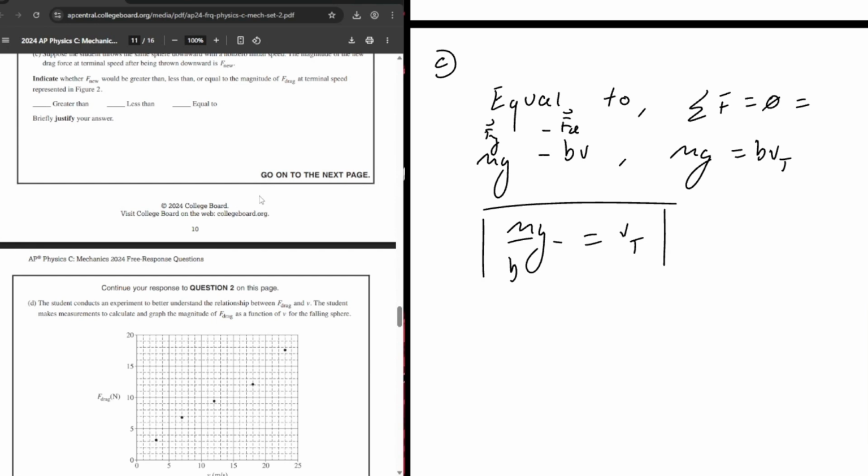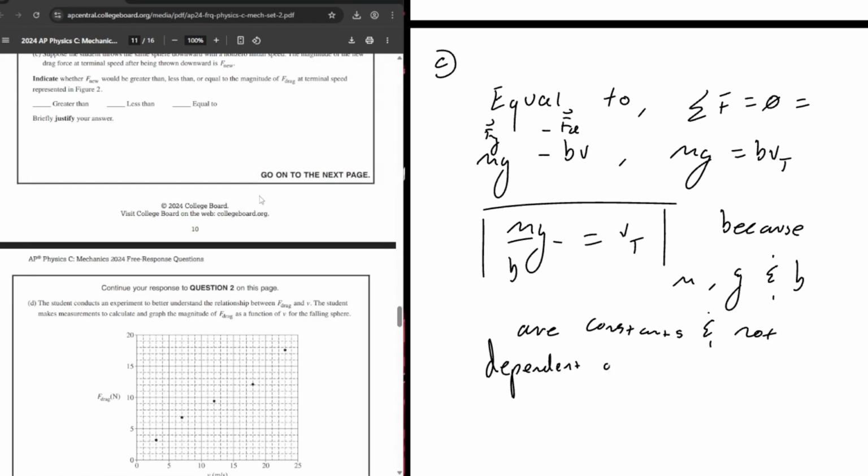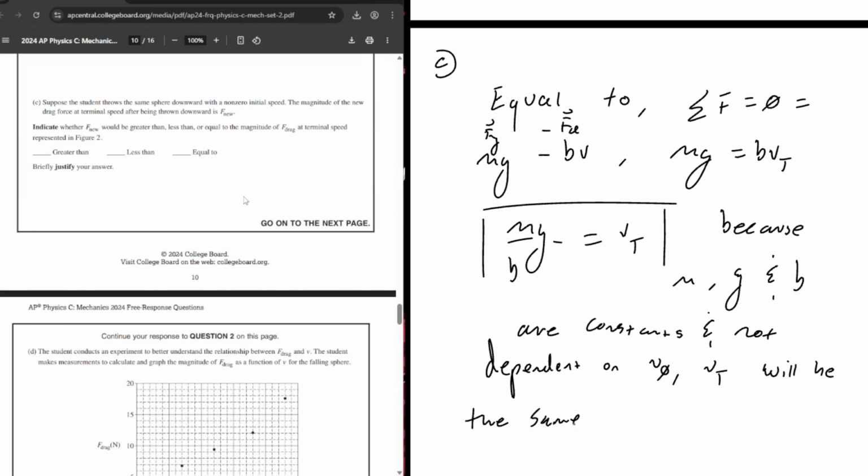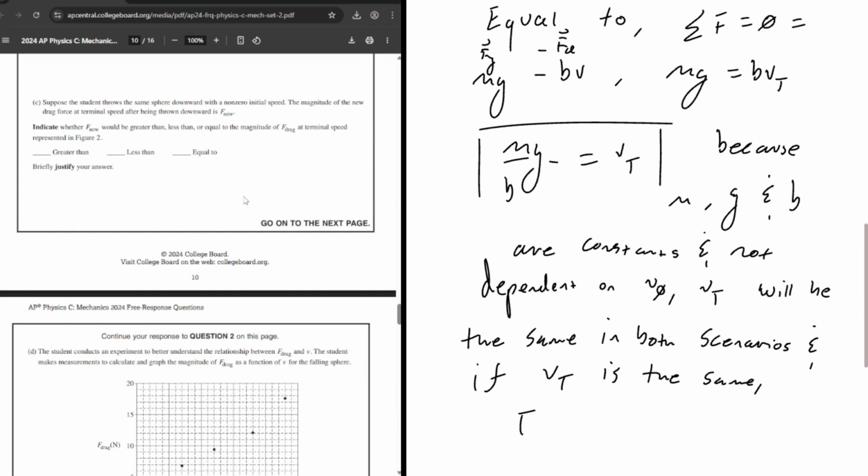So here's my answer. Since mg and b are constants and not dependent on v naught, vt will be the same in both scenarios, and if vt is the same, Fd will be the same.